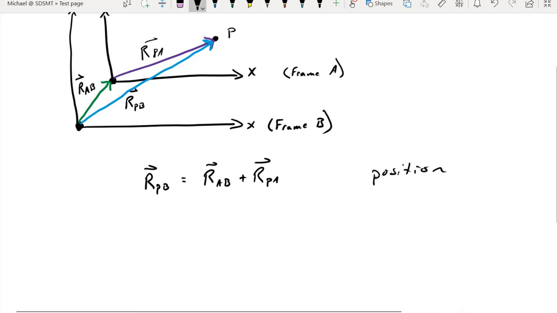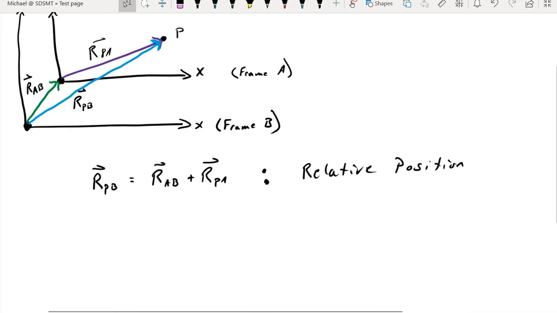So what we have here is an expression for relative position, where we can measure the position of point P relative to either reference frame.